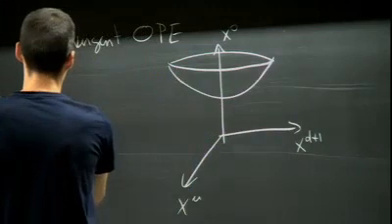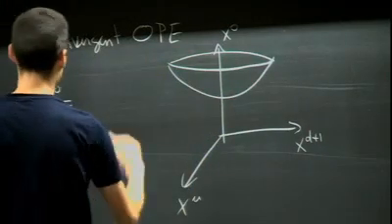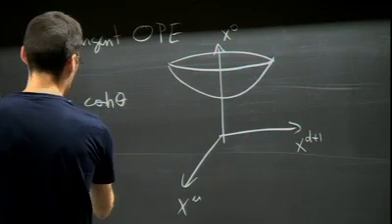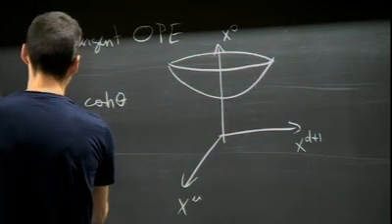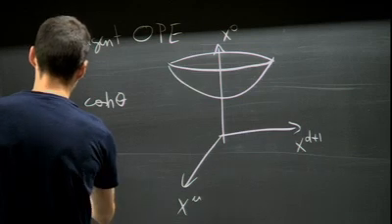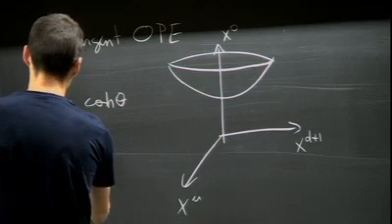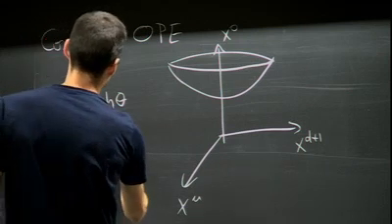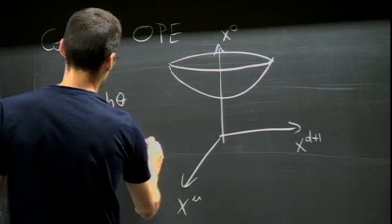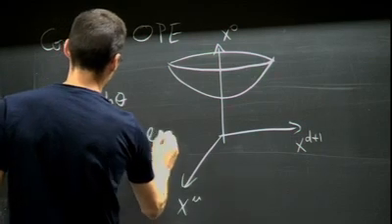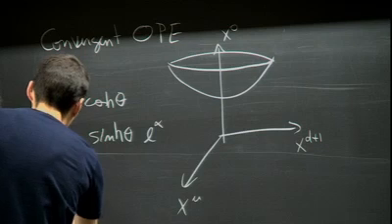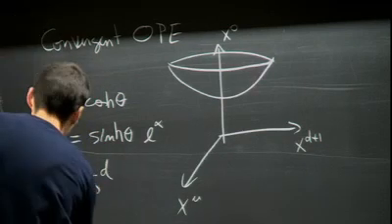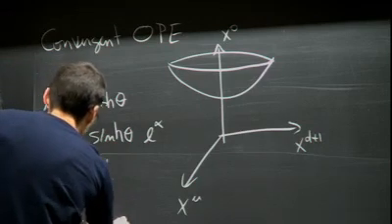You can write x0 equals whatever, cosh theta, and all the other x's, x alpha, equals sinh theta times E alpha, where this E alpha is now a point on S D. Okay, it's a bigger sphere, and this alpha runs from 1 all the way to d plus 1.